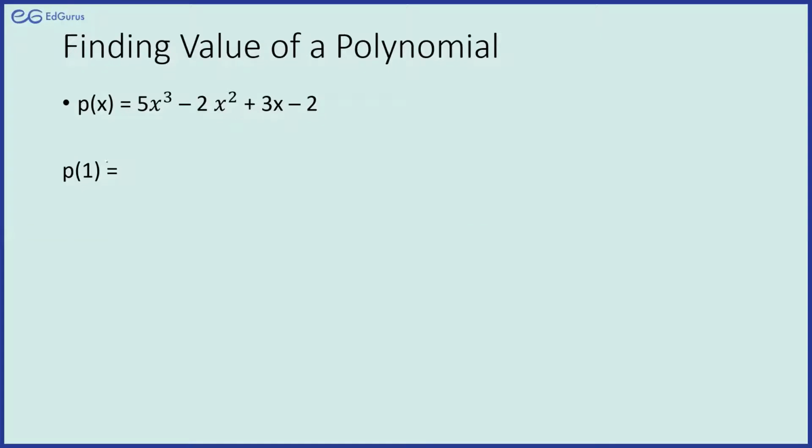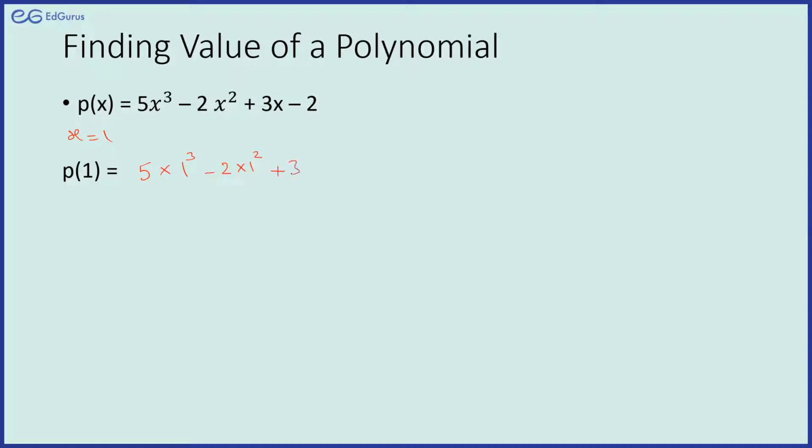Now suppose x is equal to 1. When x is 1, what is the value of the polynomial p of x? So we write it as p of 1, and we simply substitute the value of x.